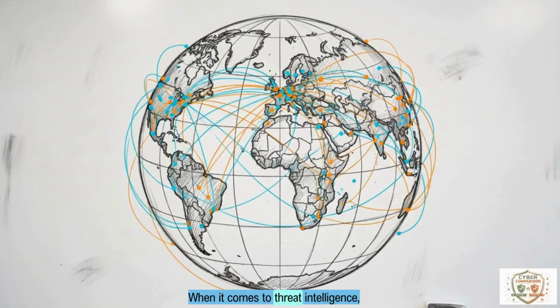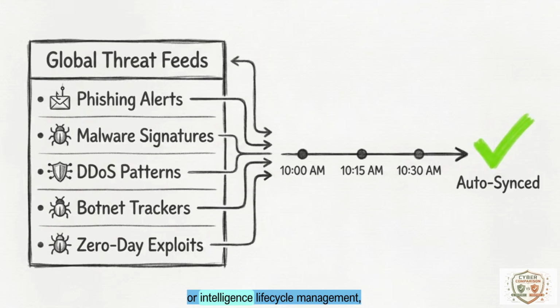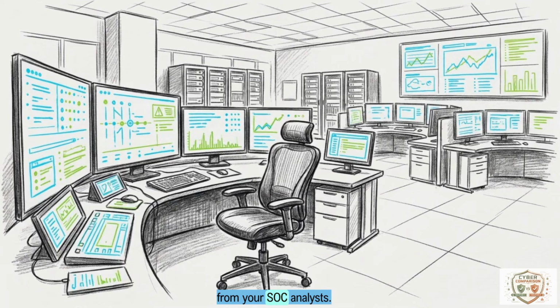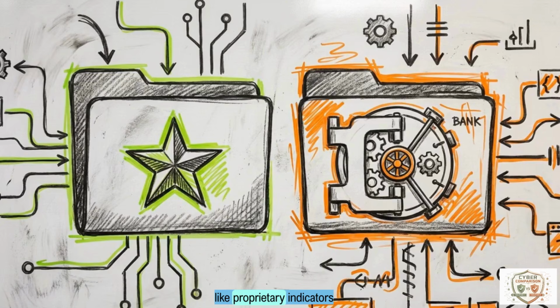When it comes to threat intelligence, Abnormal relies on its built-in, globally crowdsourced behavioral data. It requires zero configuration, no manual system tuning, or intelligence lifecycle management from your SOC analysts. Sublime takes a different path. It allows you to ingest custom, industry-specific threat intelligence feeds, like proprietary indicators specific to the defense sector, or specialized banking data.